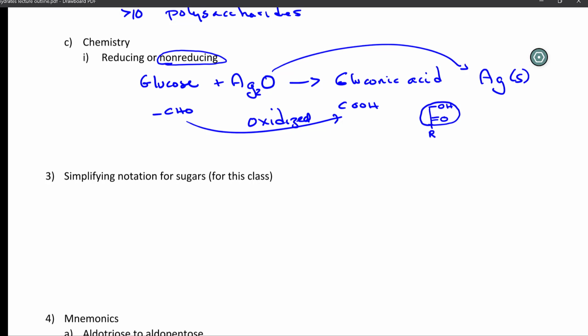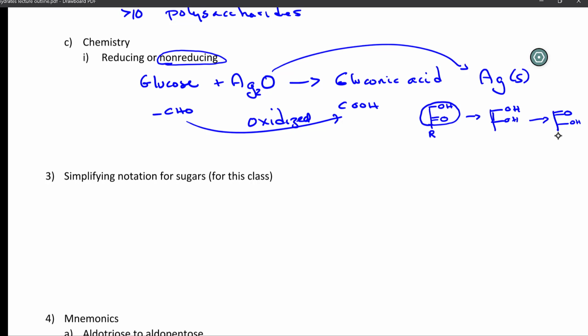So basically the process looks something like this. That's the formation of the first enol, and then it can convert over to this, the aldehyde on the end and the alcohol in the middle, like that.